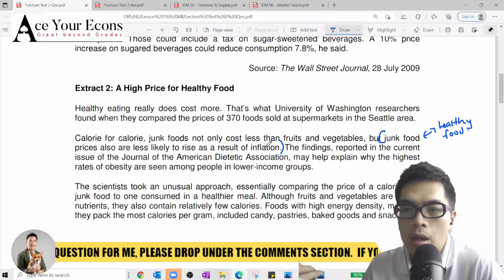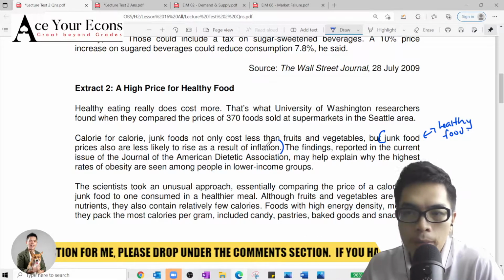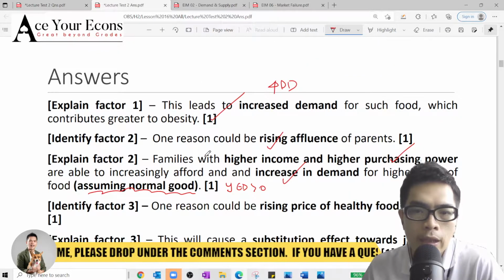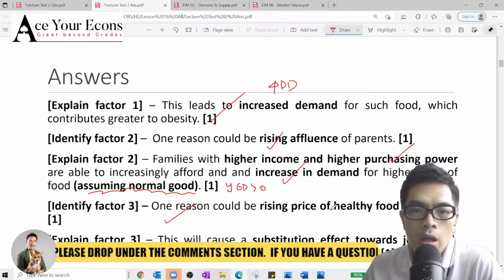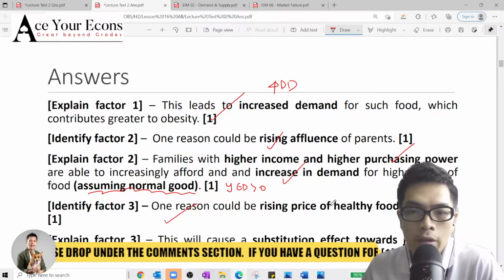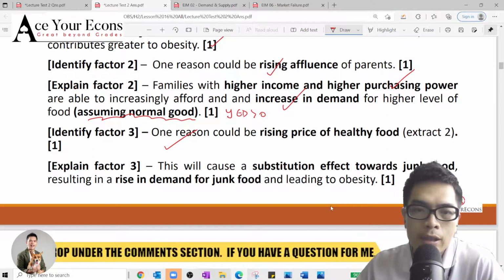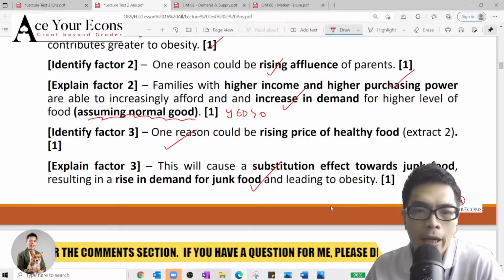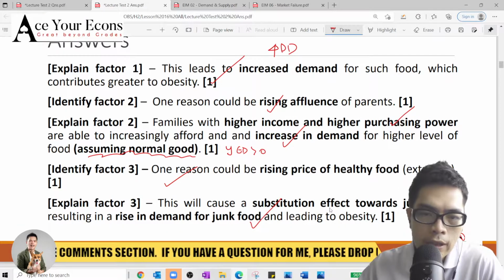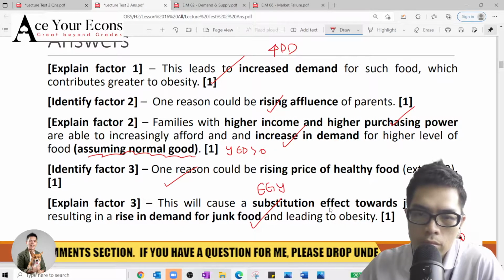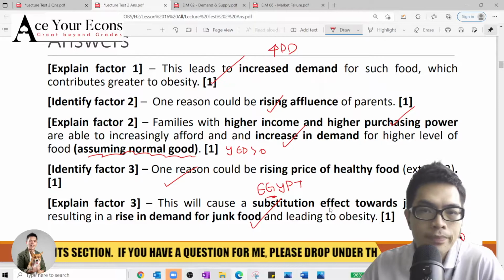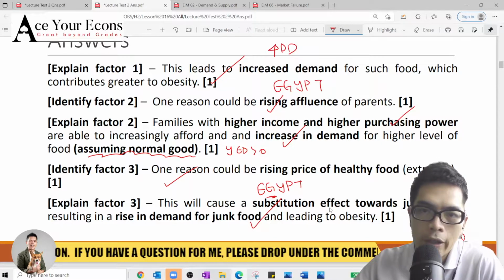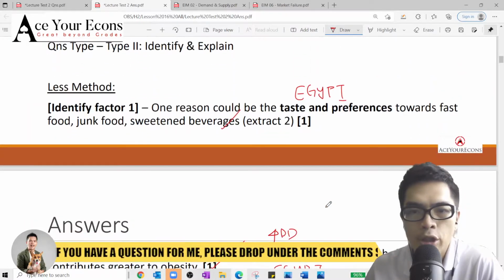So healthy food is going to experience an increase in price. With an increase in price of healthy food, this will lead to a substitution effect towards junk food and a rise in demand for junk food. So this is an example, this one is a factor, and this one is another factor. You realize that all these factors are exceptionally clear.